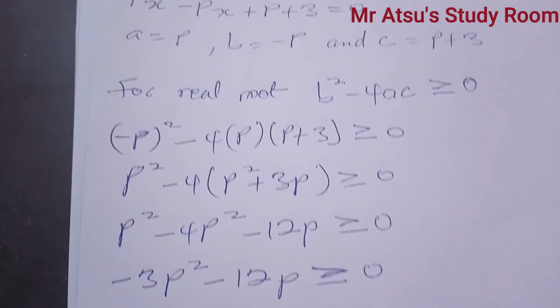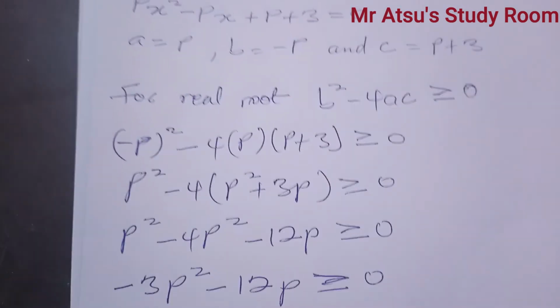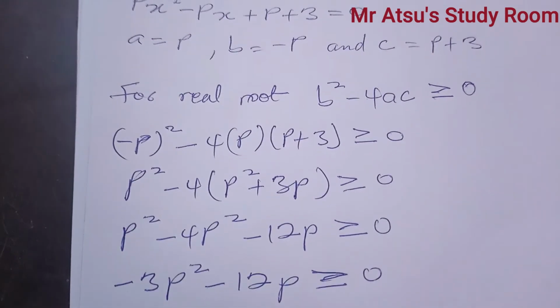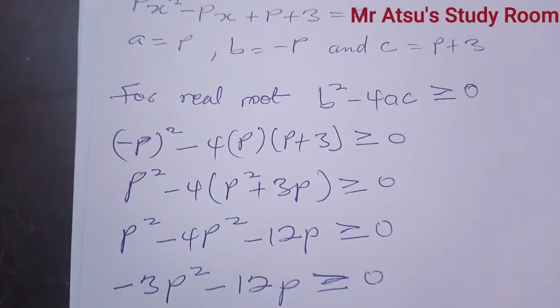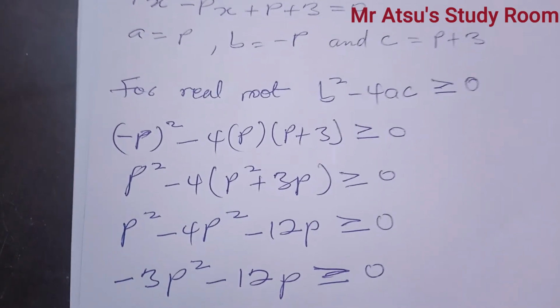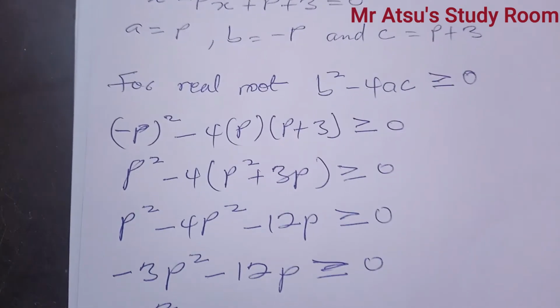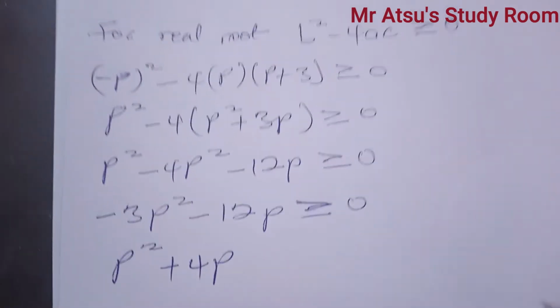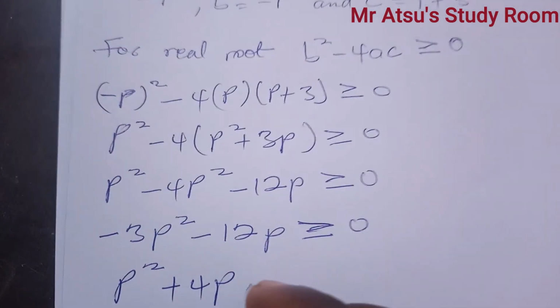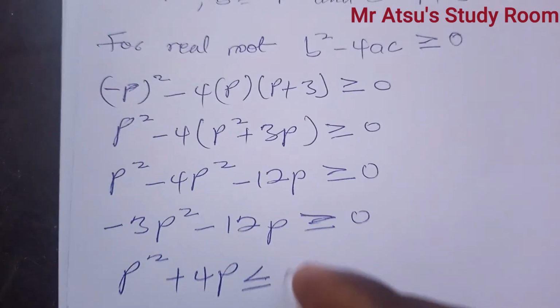When we divide through by -3, we are going to have p squared plus 4p. Remember, we are dividing through by negative, so the sign will change to less or equal to 0.